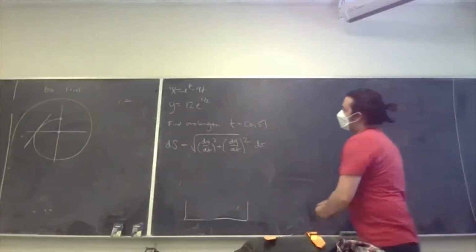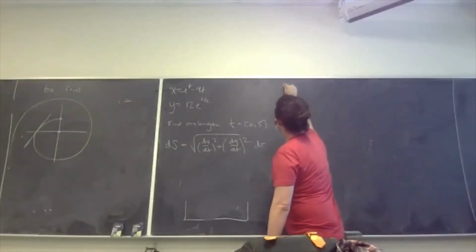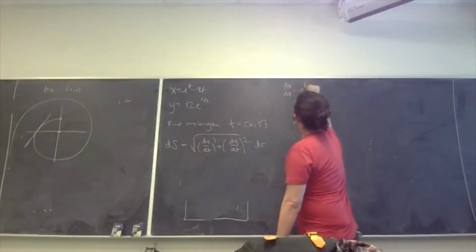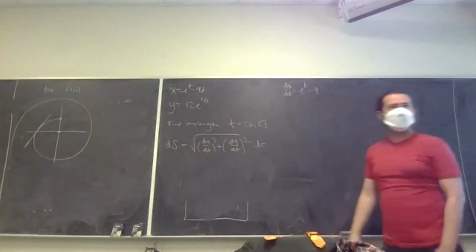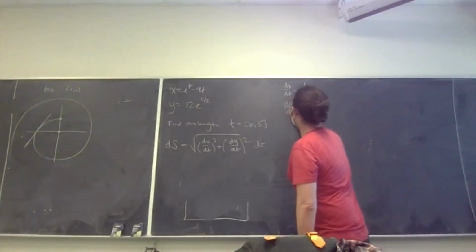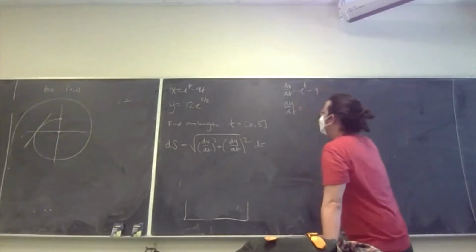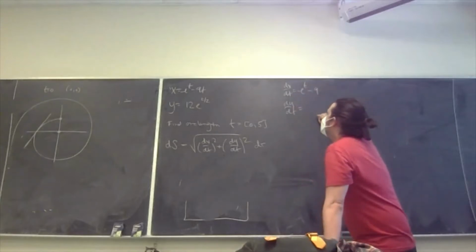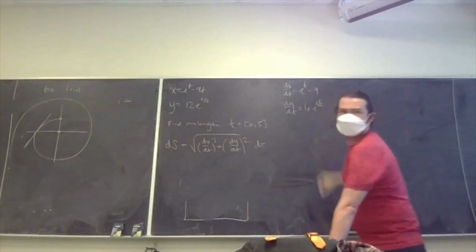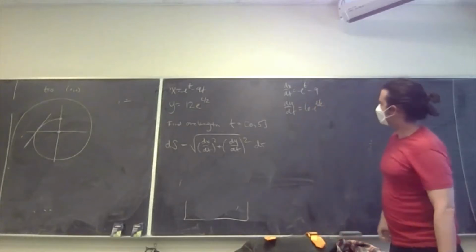Okay, so what is dx/dt? dx/dt turns out to be e to the t minus 9. And dy/dt is 6 e to the t over 2. Make sense?